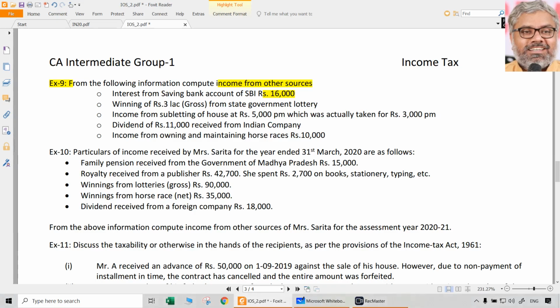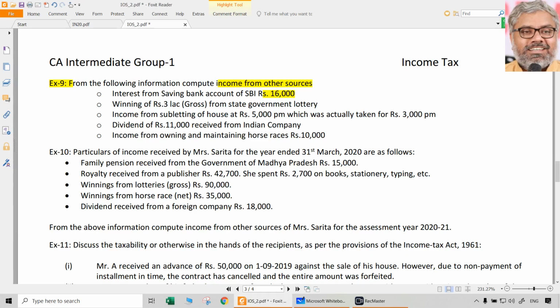Those Chapter 6A deductions are completely different, which have to be given after the computation of gross total income. We are only doing one head of income here. As per the question, we are only required to calculate income from other sources. Where does Section 80 come from? Nowhere. So 16,000 is fully taxable without any reference to any other section. Automatically that becomes taxable, 16,000.